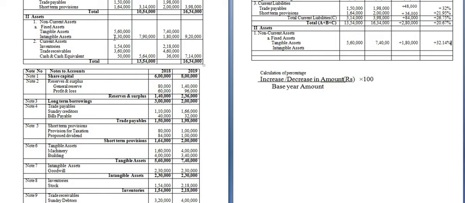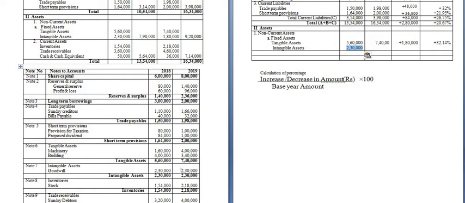Next one is intangible asset. How much is intangible asset? 2,30,000. In the same note, details are given. Here you can check out the details. For intangible, only one asset is there, that is goodwill, 2,30,000.